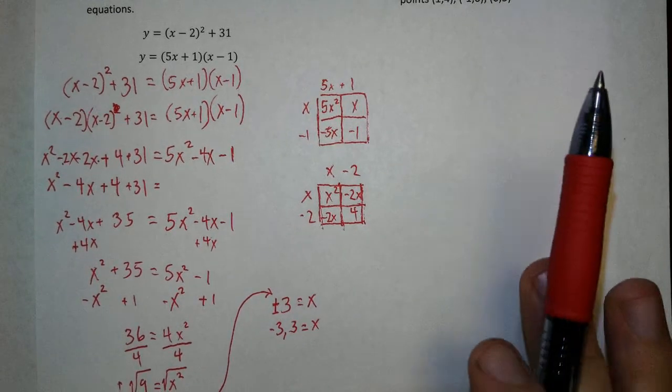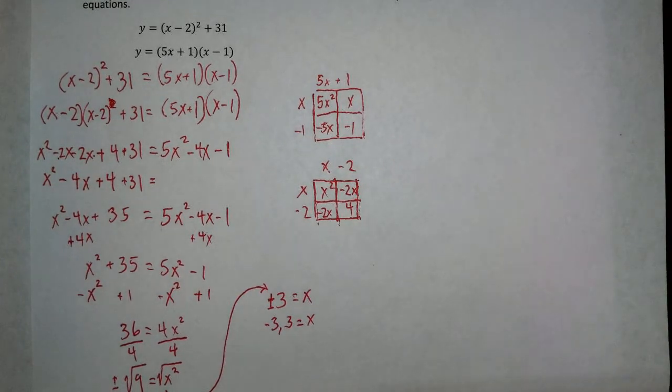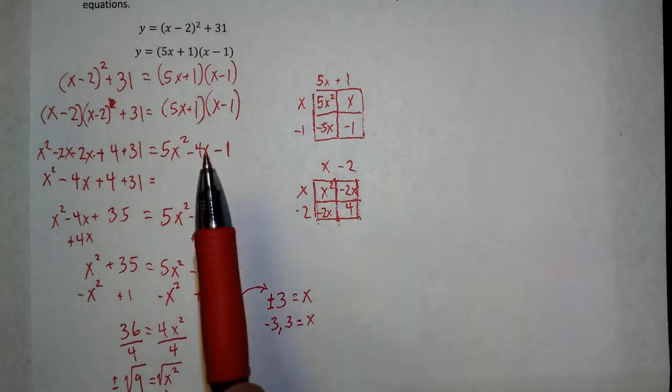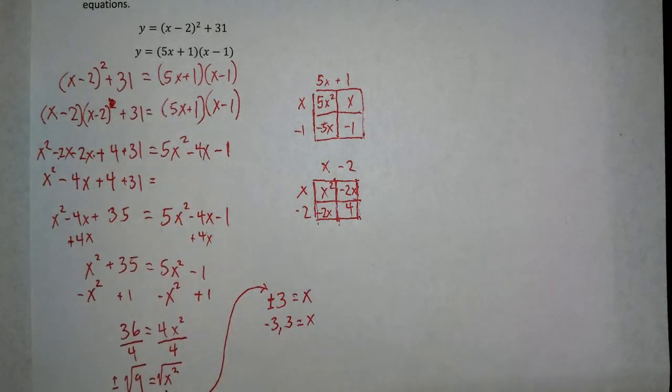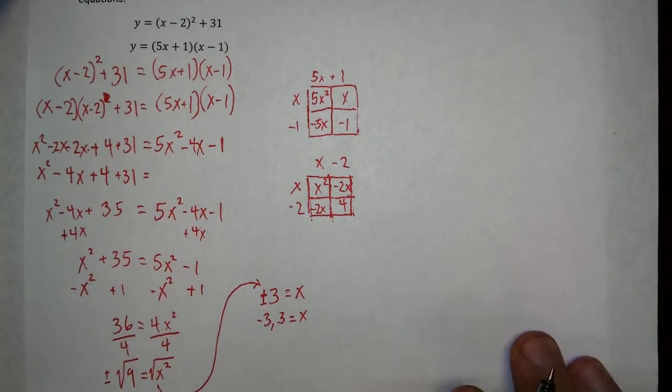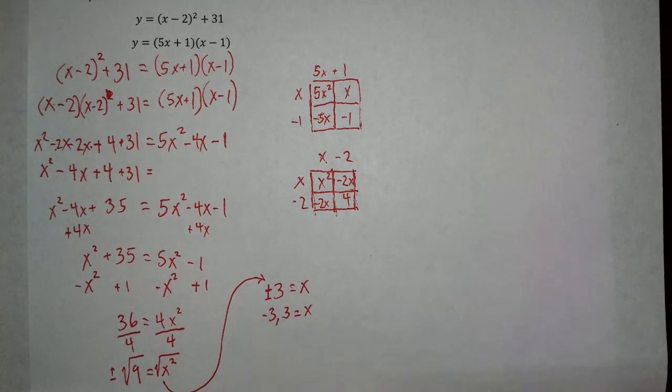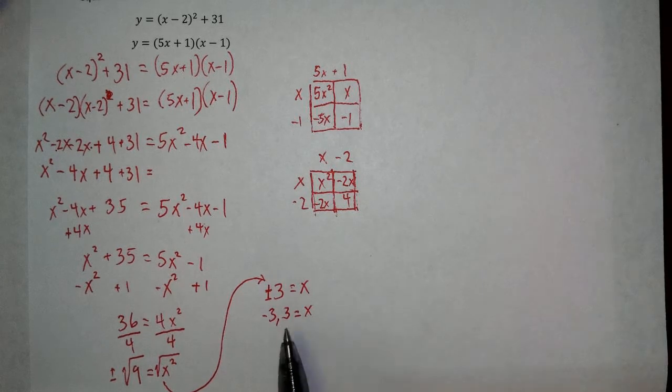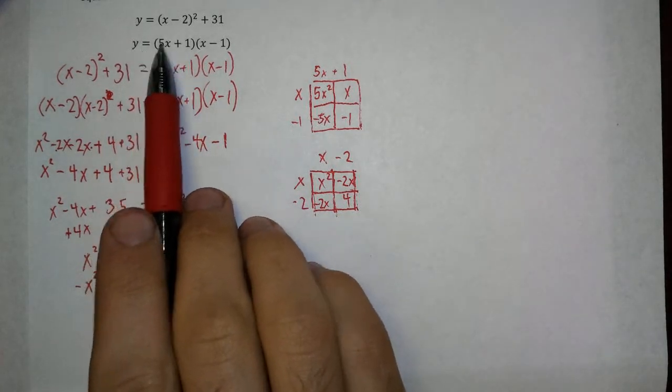Okay, so now which equation do I want to plug it into? Right, it's a good question. I'm going to go ahead and plug it into the top one. For me, I think that computation would be the simplest. If you think it would be easier to plug it into the other one, then sure, go for it. But you basically, right, you want to work smart, not hard, and you want to plug these into the simplest equation.